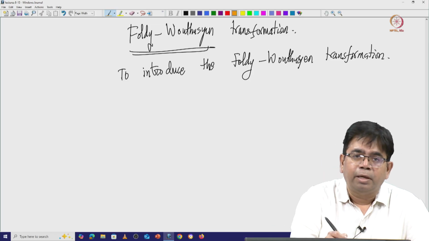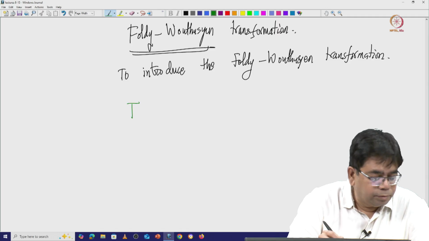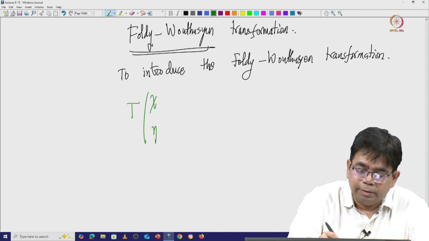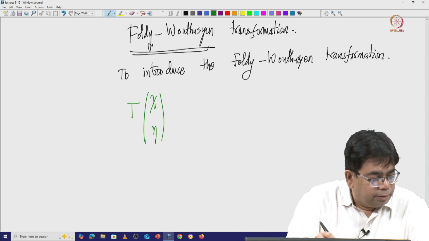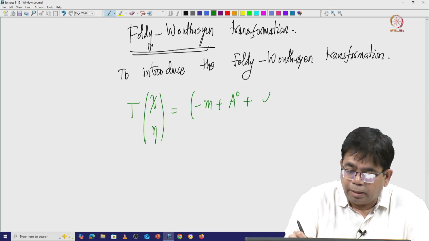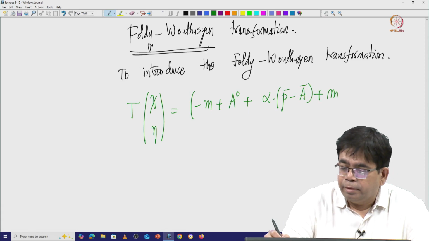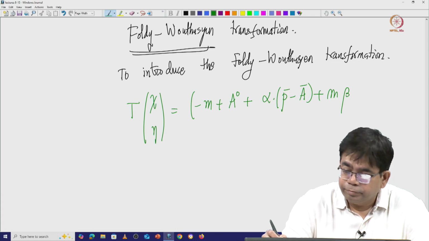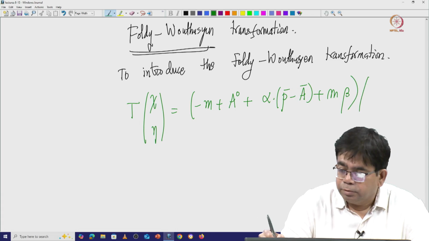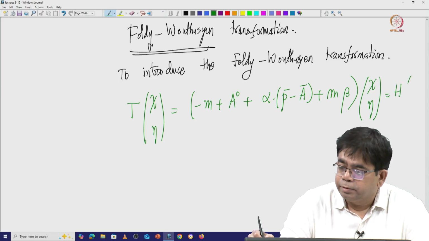Essentially I will introduce it, and in the next class we will conclude it. The equation is just the Dirac equation with a potential: alpha times (p minus A) plus m beta, plus the potential, acting on chi equals H chi.